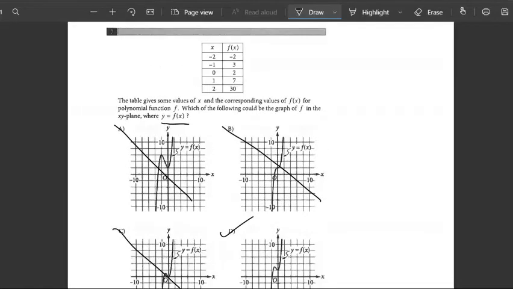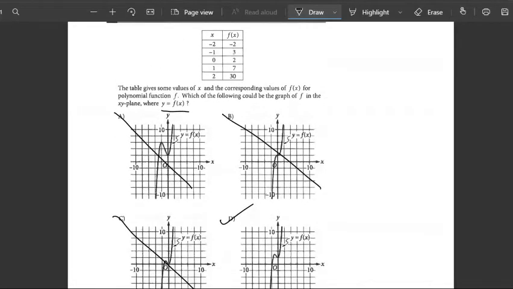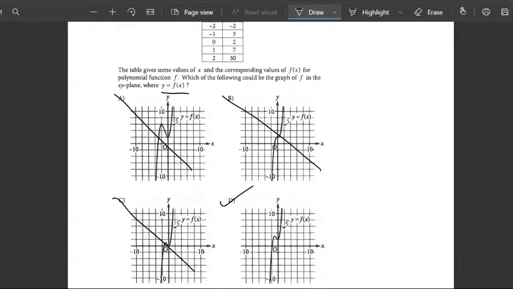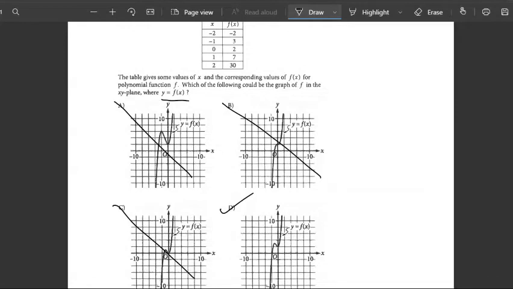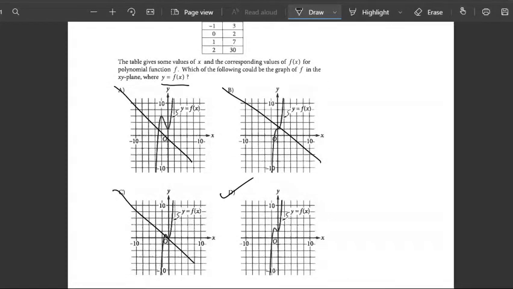Now let's check another value. If x is 0, y is 2. If x is 1, y is 7. So if x is 1, it will be around 2, 4, 6.